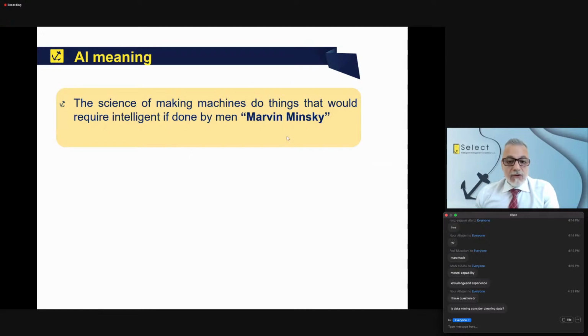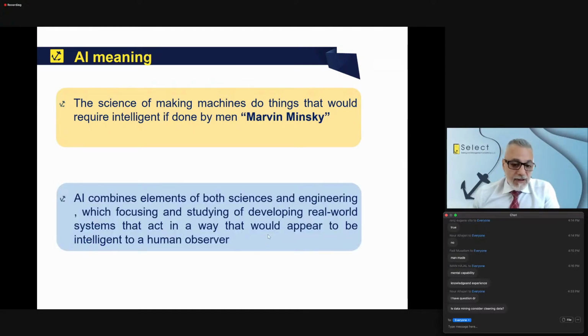Okay. So it's the science of making machines do things that would require intelligence if done by man. Okay, many definitions, but at the end, it all goes back to the same thing. So artificial intelligence combines elements of both science and engineering. When we reach the level of application, we might use a robot. A robot needs engineering. AI is not enough.